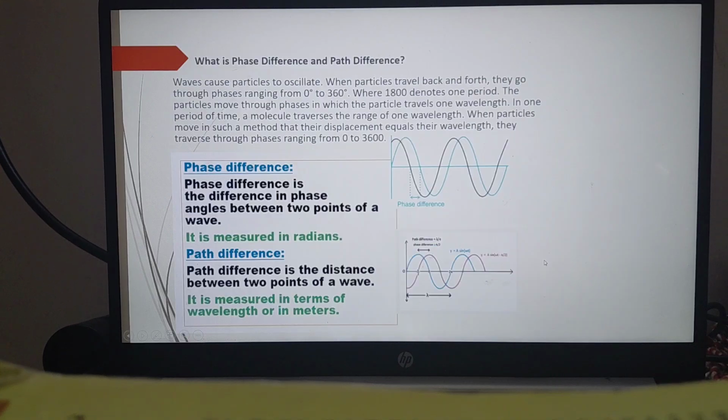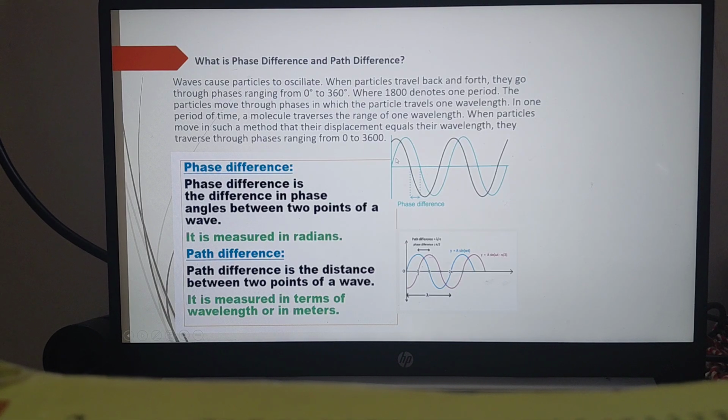Then coming to the next one: what is phase difference and path difference? It is very important to understand these before going to interference. What is phase difference?